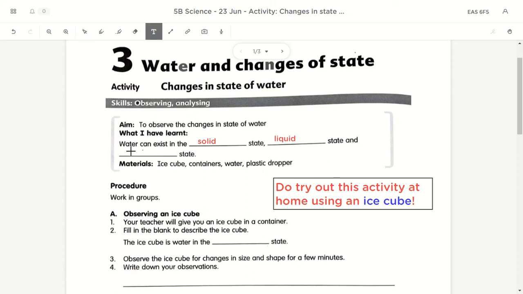So water can exist in solid, liquid, and gas. Last year in P4, we talked about solid, liquid, and gas state. However, for this year, we would like you to expand the word gas to become gaseous. The last time we saw this word gaseous was when we talked about gaseous exchange in humans, as well as gaseous exchange in plants through the stomata. You can write gas state.